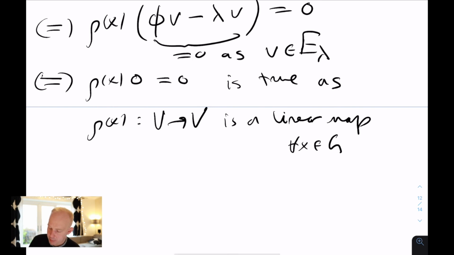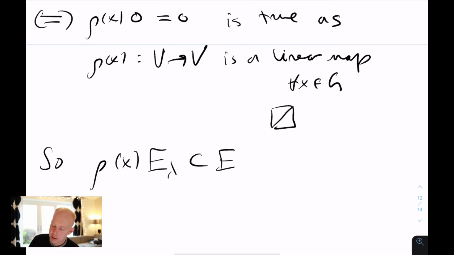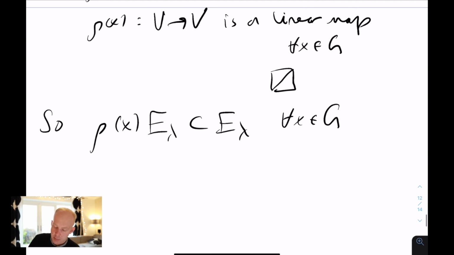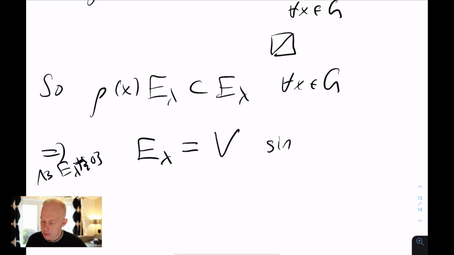Or maybe this is like half the proof. This is the proof of the invariance. So now we have that rho X E lambda is equal to E lambda for any X in G, which implies, as E lambda cannot be the trivial subspace, that E lambda is equal to the whole space, since rho is irreducible.